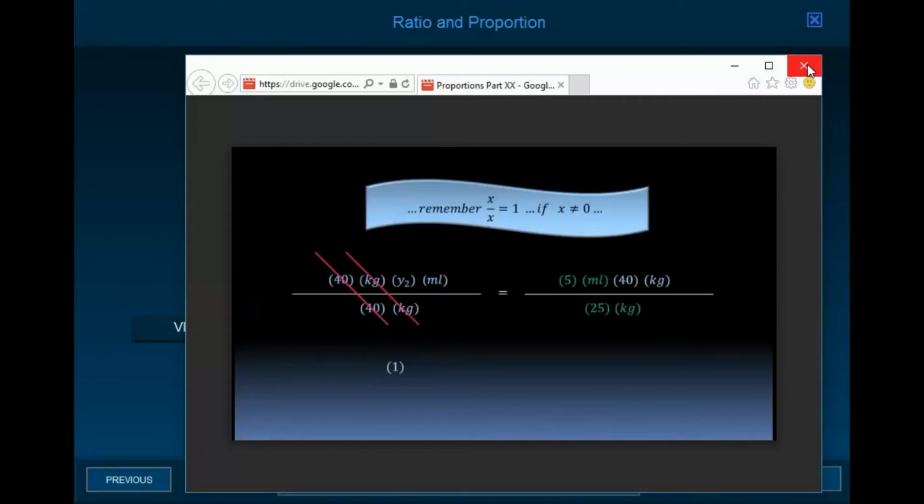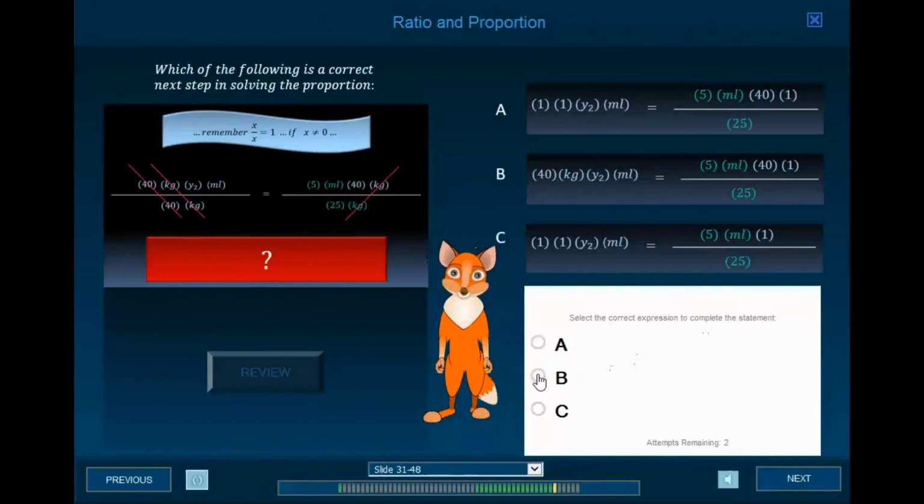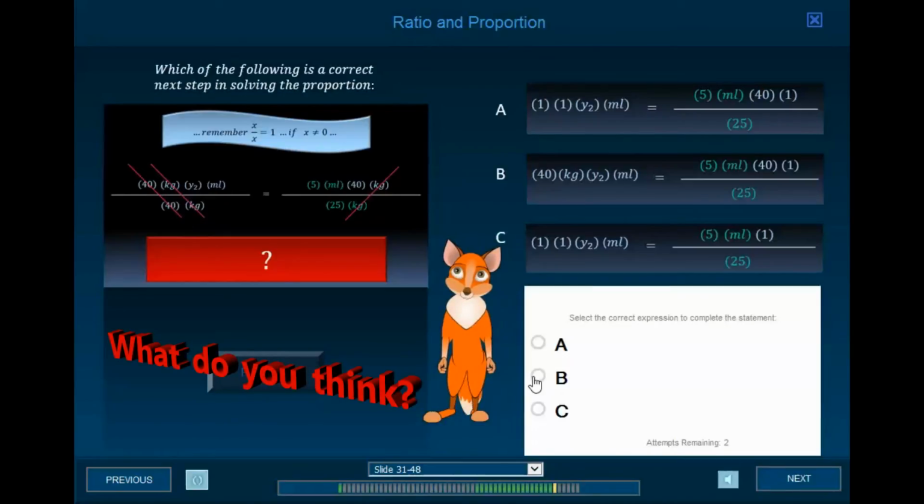Kilogram unit over kilogram unit is 1 times y sub 2 milliliters. And in the same way, on the right-hand side of the equation, kilograms over kilograms is 1 times the rest of the expression. Which of the following is a correct next step in simplifying and solving the proportion?